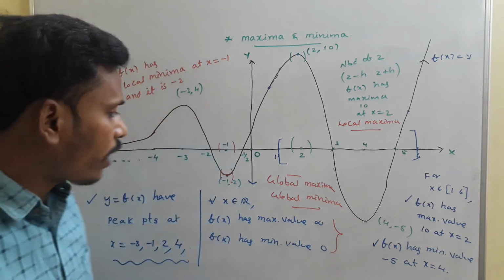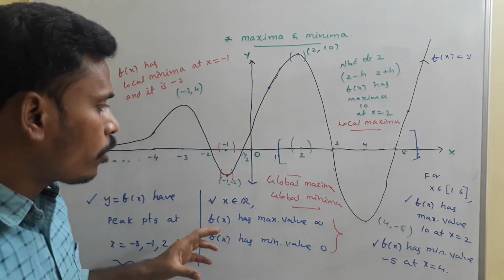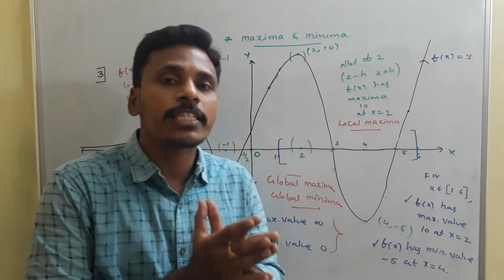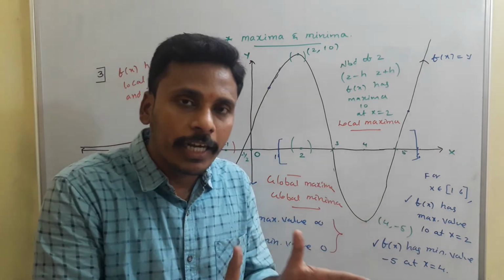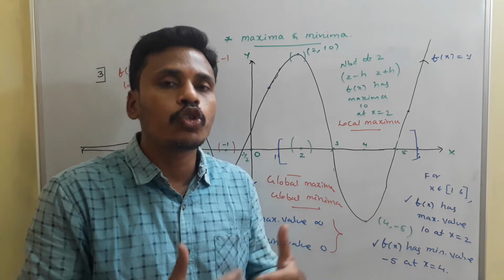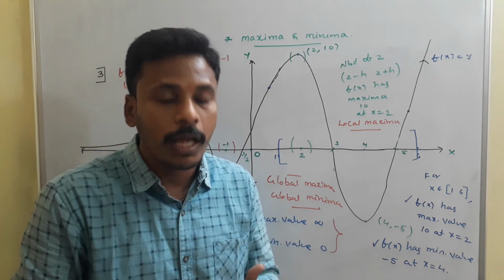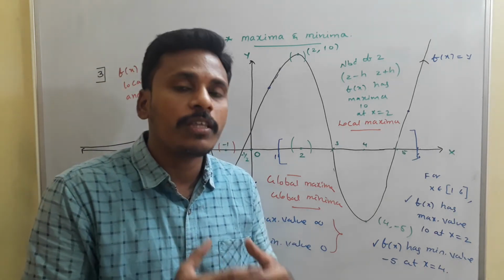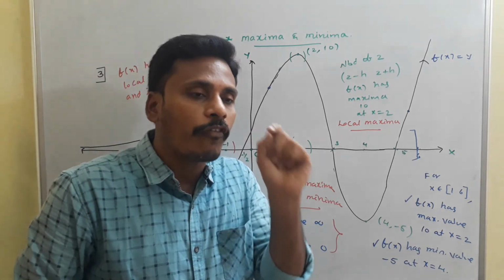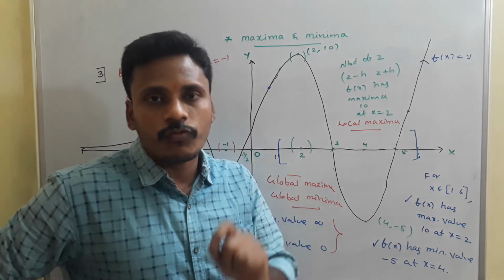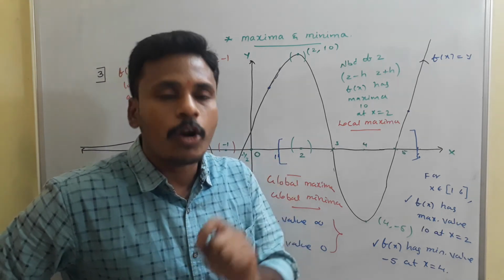When you think about maxima and minima of a function in an interval or in the complete domain of x, we use global maxima and global minima. But when you think about the maxima and minima of a function only in the neighborhood of a point, then we consider it as local maxima and local minima.